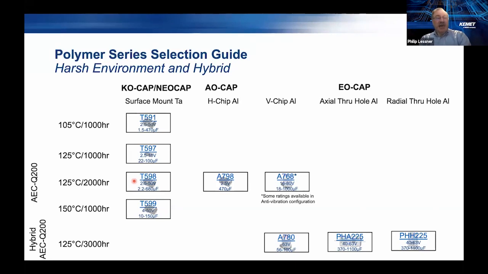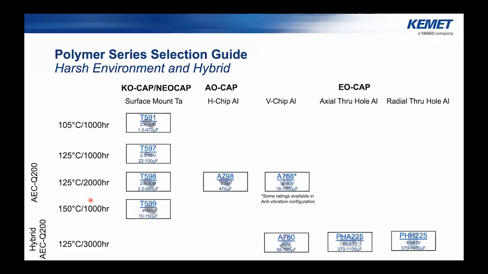And again, we have some guidance in our data sheets of how, let's say, 2,000 hours at 125 degrees would translate to a particular mission profile for, let's say, an automotive application. So you can look at the data sheet to try to get a handle on that, or you can contact one of our FAEs or technical product managers to get a lot more information about that topic. All right, thanks, Phil.